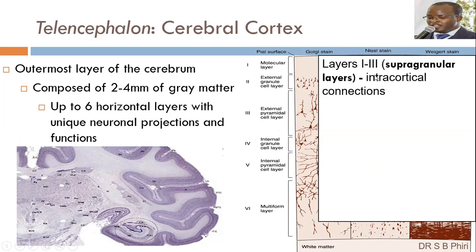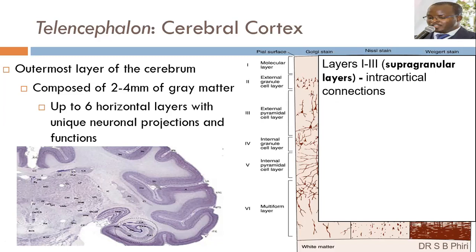So in terms of function, the supragranular layers will contain intracortical connections. So the cortex or the brain, they are connected in as much as the visual cortex is separated maybe from the gustatory cortex, but there is connection. Or maybe the visual cortex is also connected to the motor cortex.